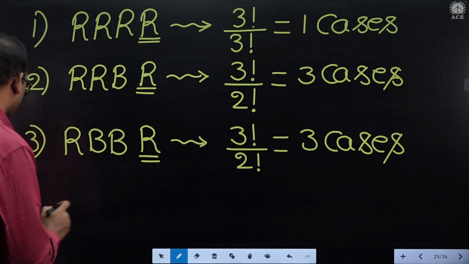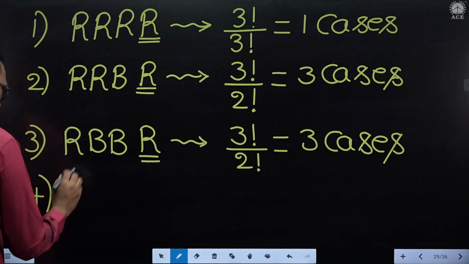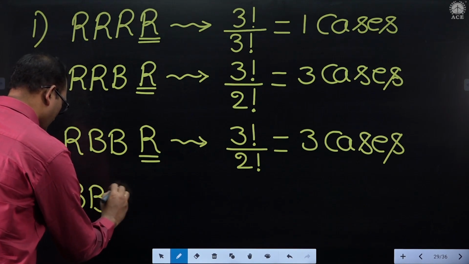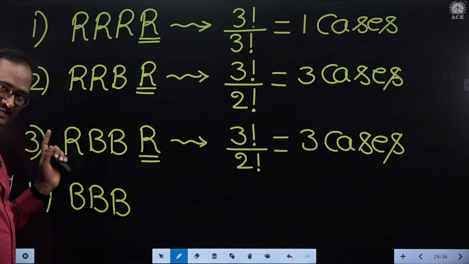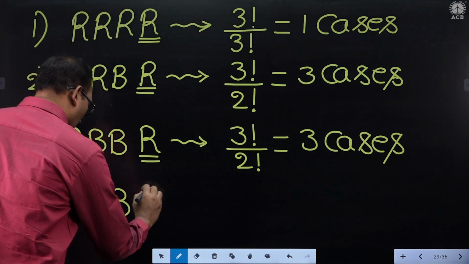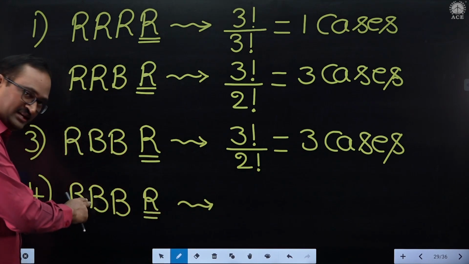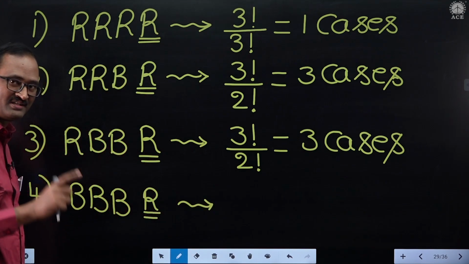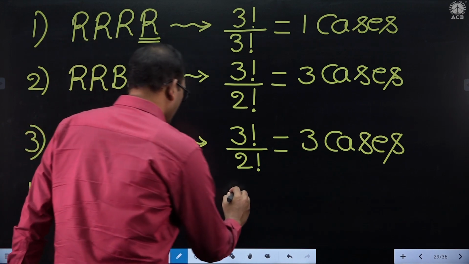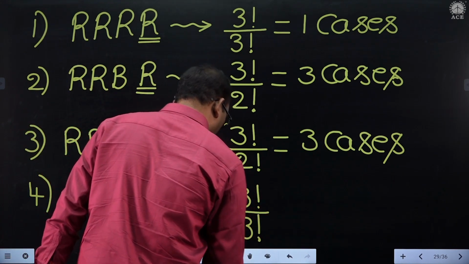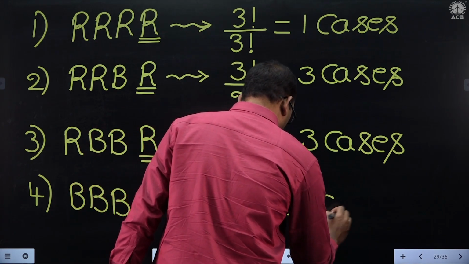Now no blacks except fourth: 3 are blacks only, no reds. 3 blacks and the fourth is always red. That is fixed. Now 3 blacks can occur in any order. That is one possibility only, one case only. 3 factorial by 3 factorial, that is one case.